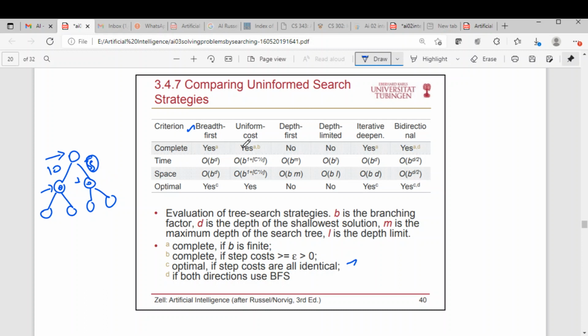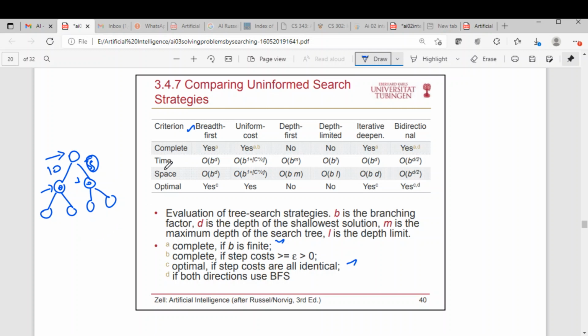Coming to uniform cost search, is it complete? It is complete under two conditions. b should be finite and there should not be any zero cost path. We have already discussed this in the algorithm, because if there is any zero cost path in between in the tree, it may get into an infinite loop.